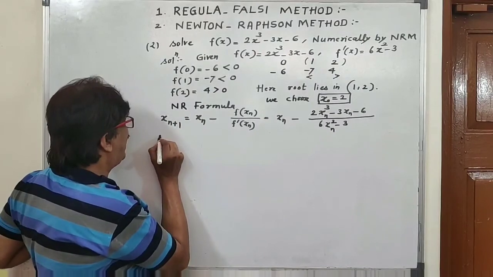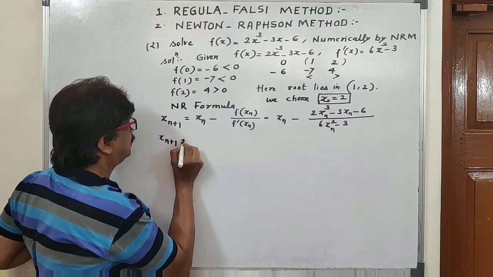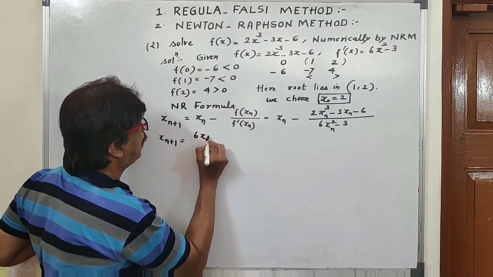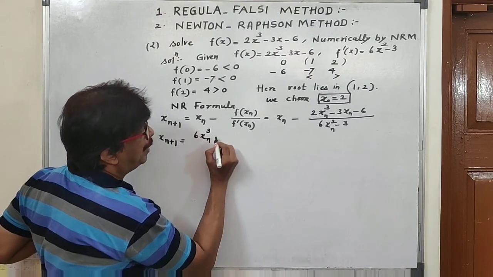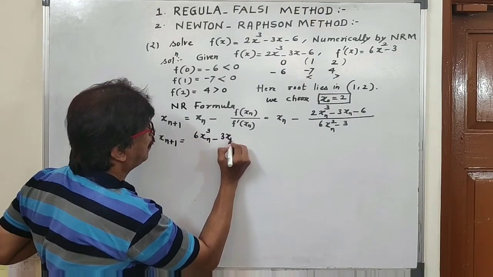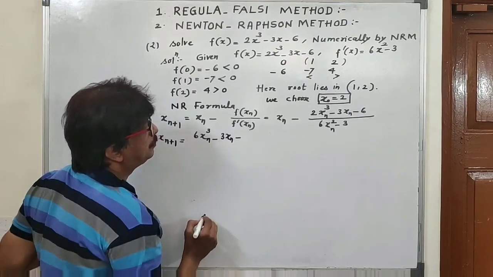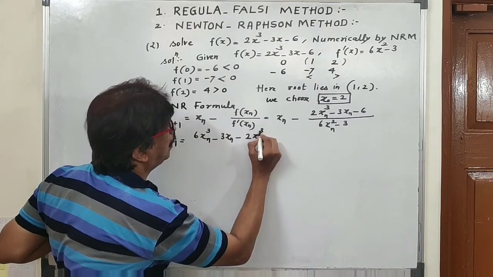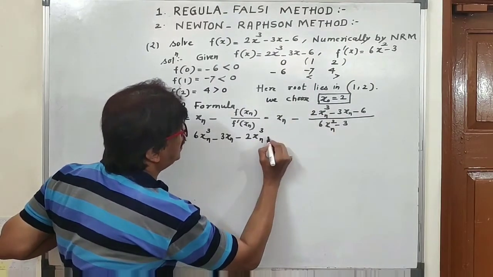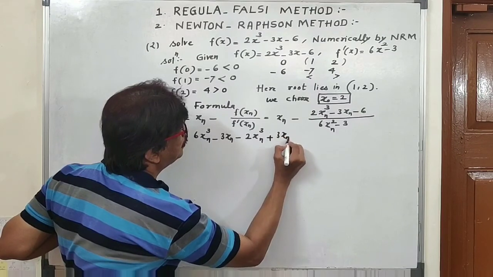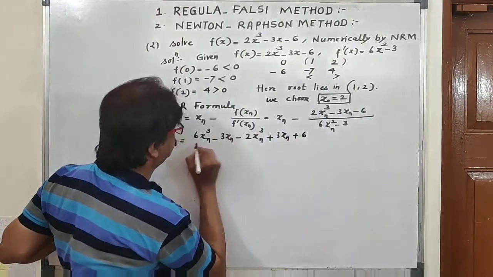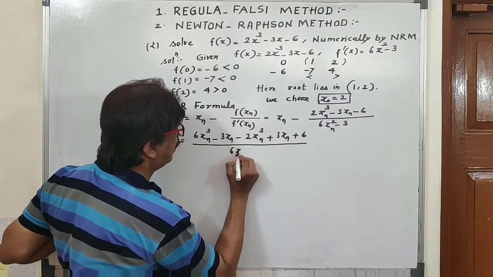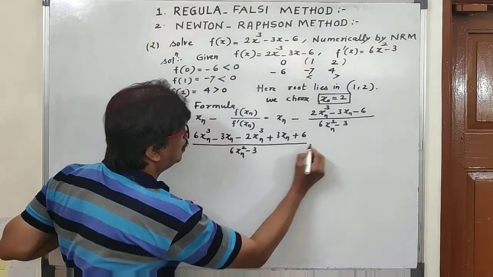So xₙ₊₁ comes out as (6xₙ³ − 3xₙ − 2xₙ³ + 3xₙ + 6)/(6xₙ² − 3).